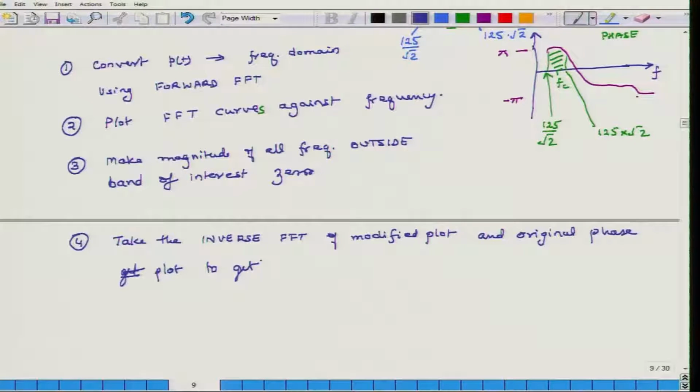So in the inverse transform, what do we get? Time domain data, the modified xn, and this is time domain data. Okay.